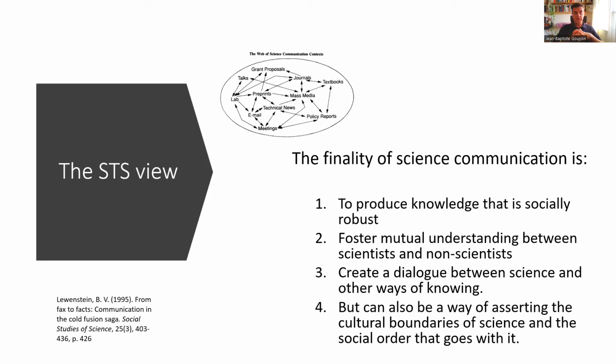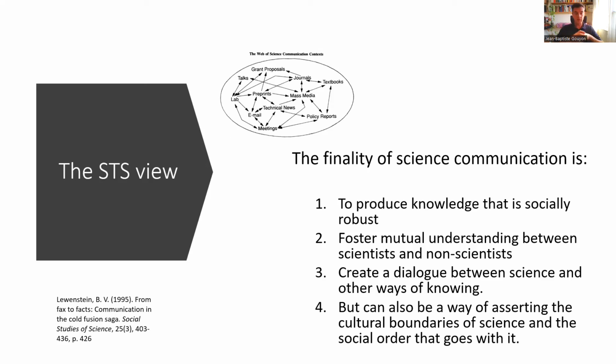But, and that's an important caveat, the STS view of science communication recognizes and is alert to the idea that science communication, although it's a multidirectional, inclusive way of producing science, is a way of asserting, or can be a way of asserting, the cultural boundaries of science and the social order that goes with it.